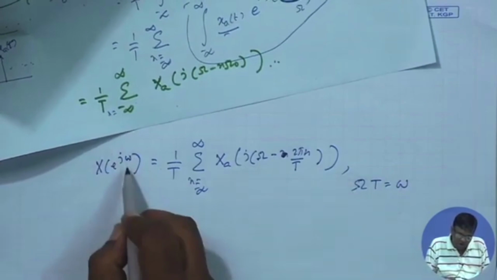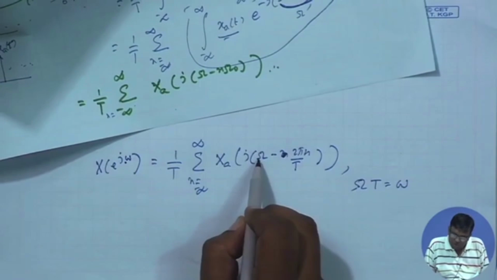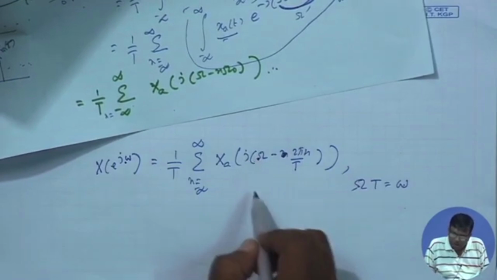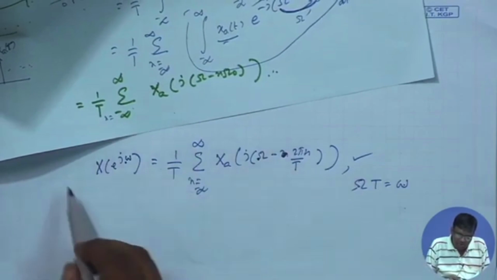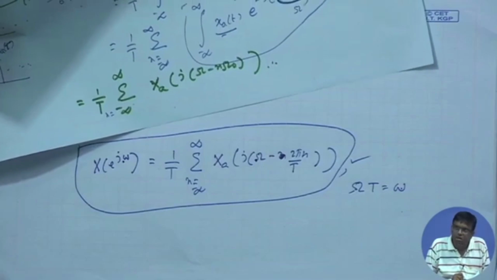So if you are finding the DTFT at a small omega, then you take the analog Fourier transform where capital omega is small omega by T, and you superimpose. This is the relation between the analog Fourier transform and the discrete time Fourier transform.